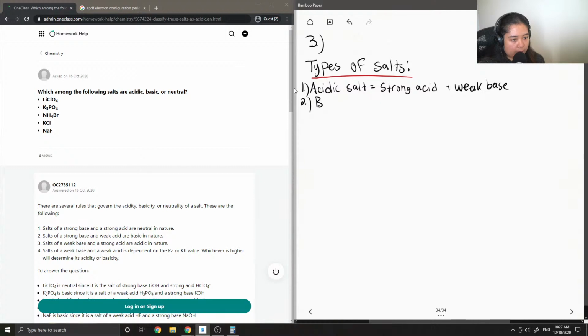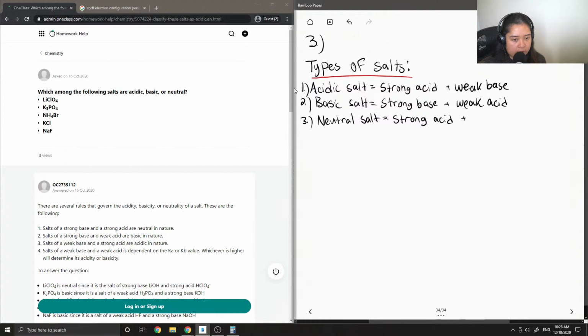When you have a basic salt, this is when you have a strong base that was reacted with the salt of a weak acid. And lastly, when you have a neutral salt, this was made from a strong acid reacting with a strong base.